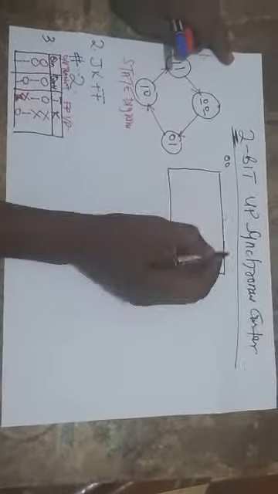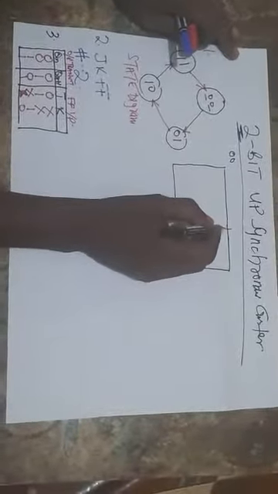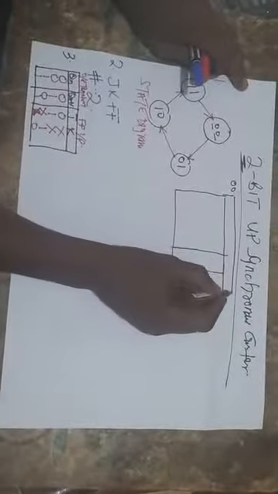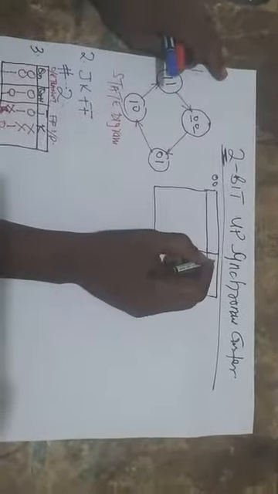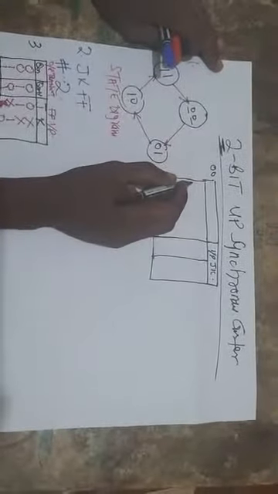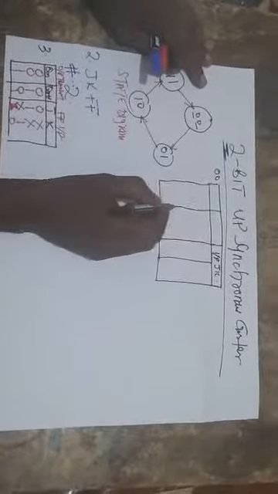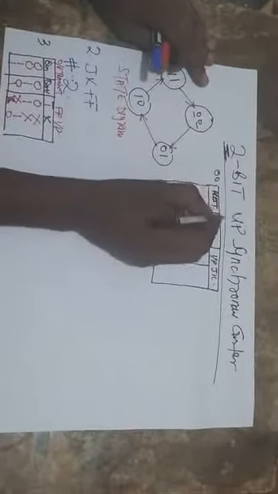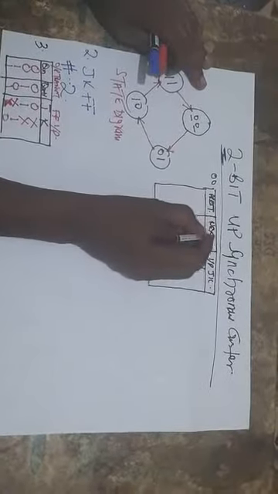Let me split it into two like this. Over here I have my input, which is the JK input, and then I have my present state and the next state.